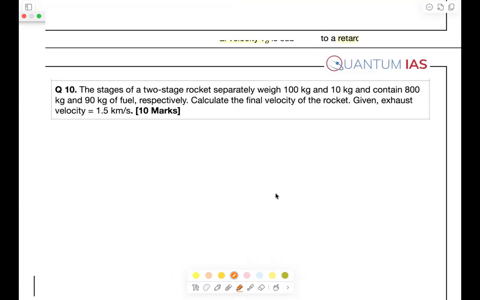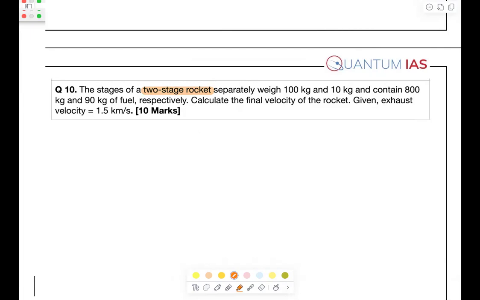Okay, so let's get down to question number 10, and it is a question on a two-stage rocket, right? Now I know that you have solved most of the questions from the single stage rocket, but I wanted to give you a two-stage rocket question because it might come in the examination.